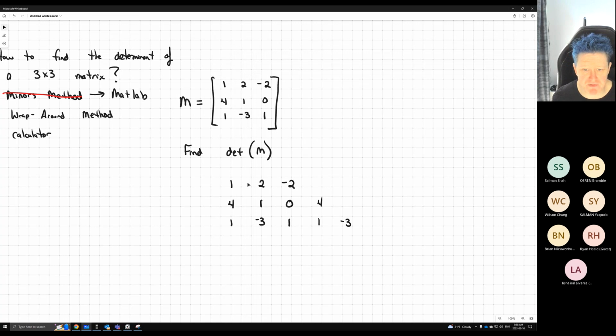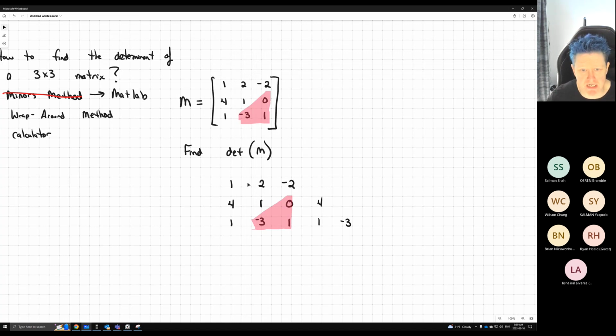I'm going to do the same thing with the lower right-hand triangular portion. Yeah, that would correspond to these elements.